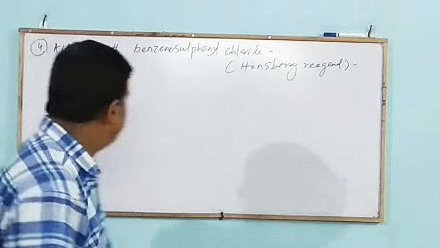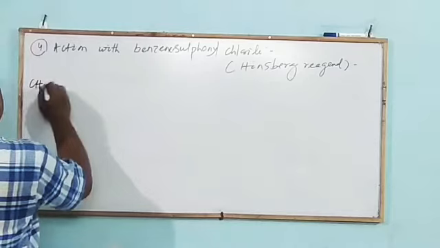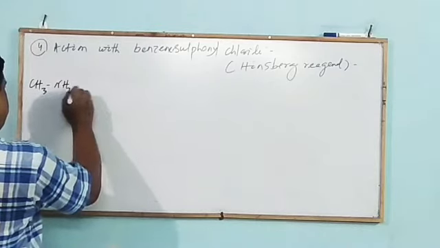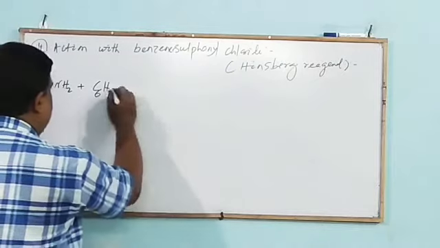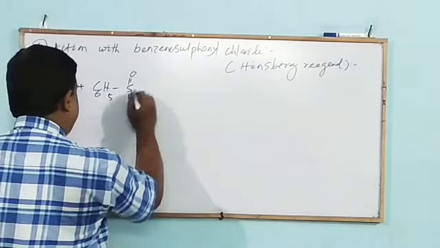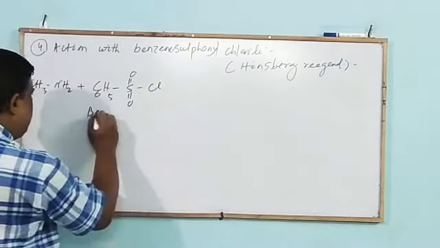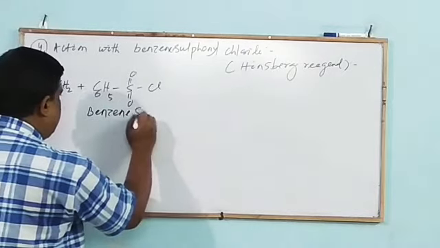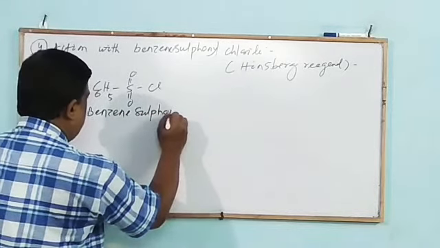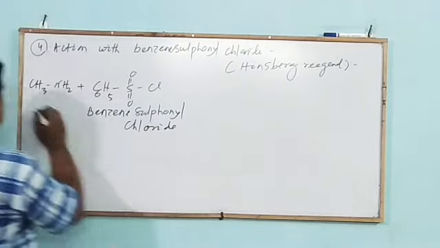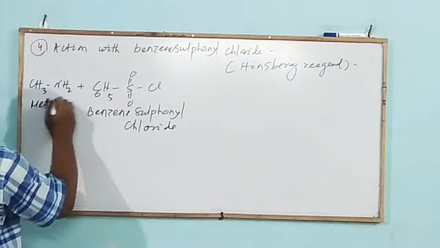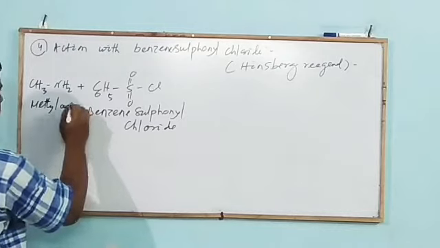Mark the equation. Read methylamine treated with benzene sulfonyl chloride. It is known as Hinsberg reagent. Methylamine is a 1-degree amine.